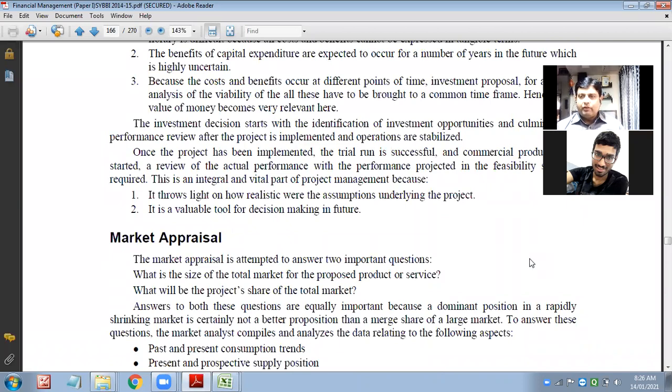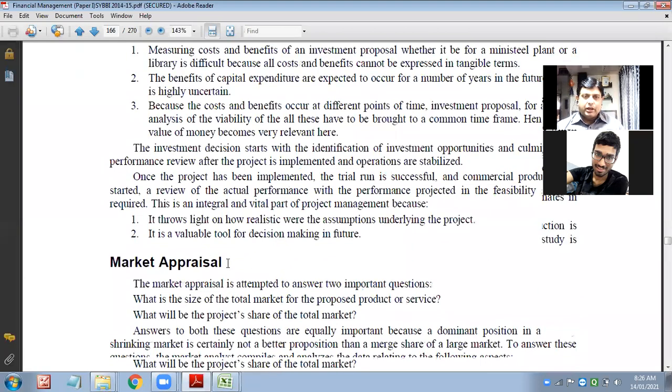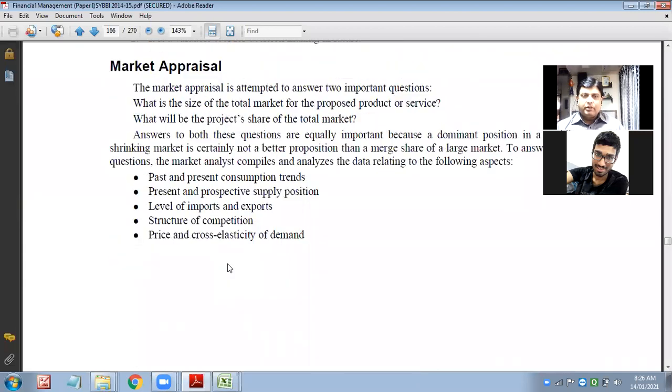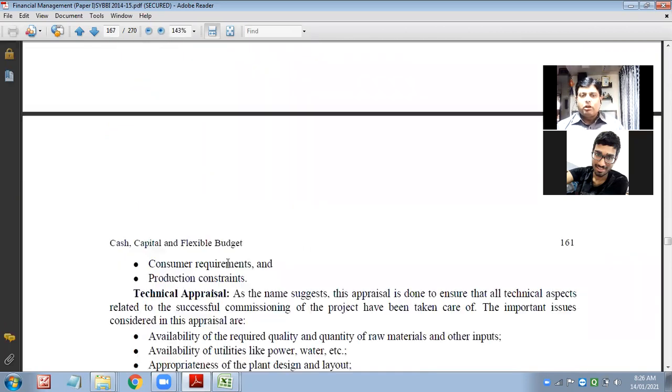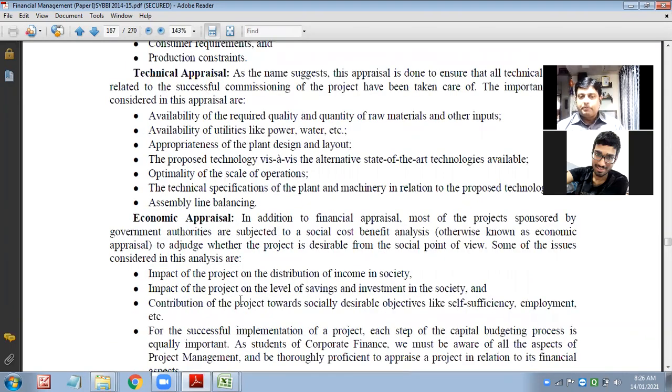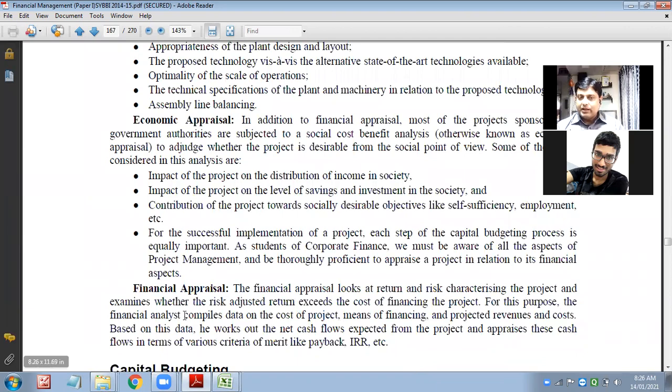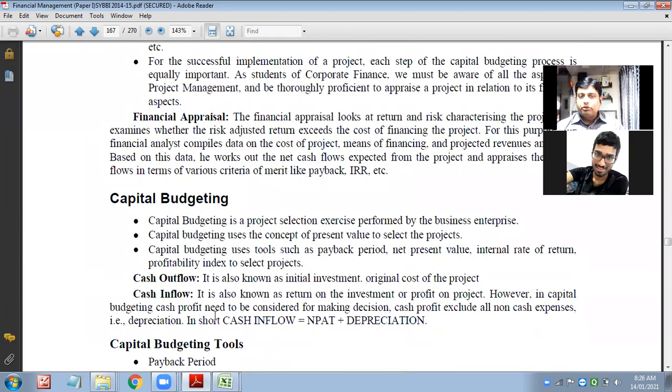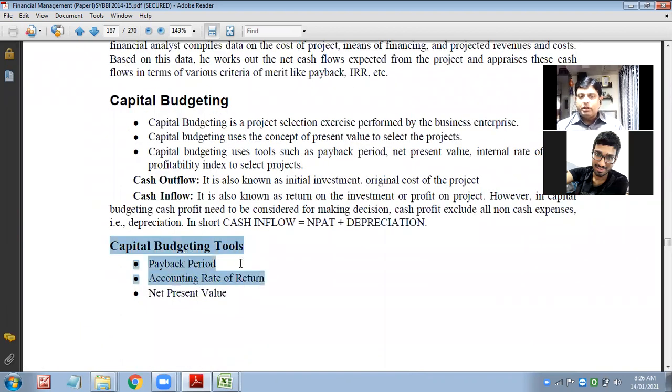Thereby they have market appraisal, whether the market is suitable or sustainable for them or not, technical appraisal, economical appraisal. These are the other viable tools which assist capital budgeting, other than the accounting tool which we are going to learn today, financial appraisal.